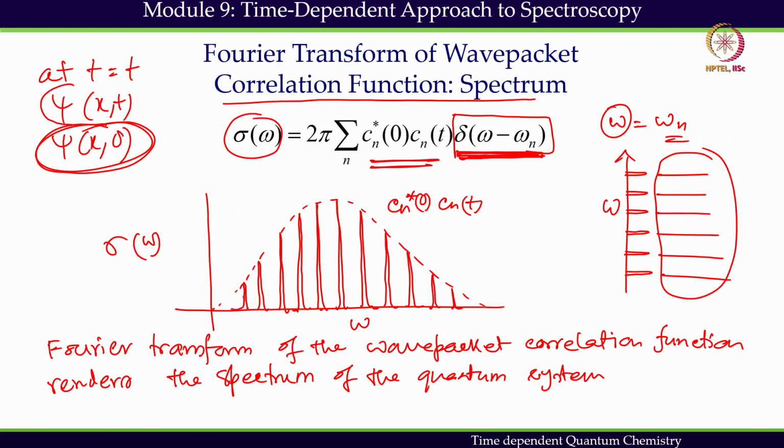After a certain time we select the wave function at time t and correlate them, which means we find the extent of overlap. If I Fourier transform that overlap, it has the information of how many states there are and which states we have, but we cannot see it in the time domain. In order to see that, we have to go to the Fourier domain or frequency domain, and immediately we will be able to see it.